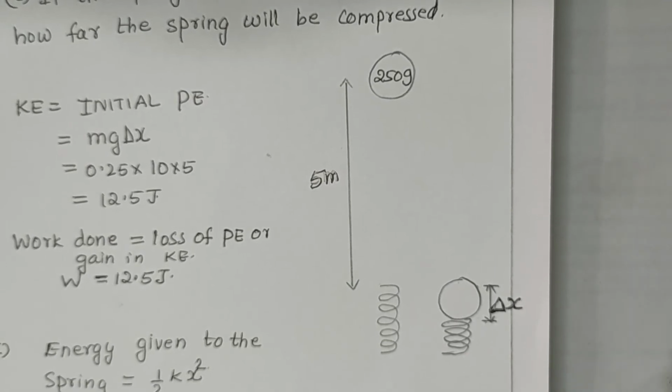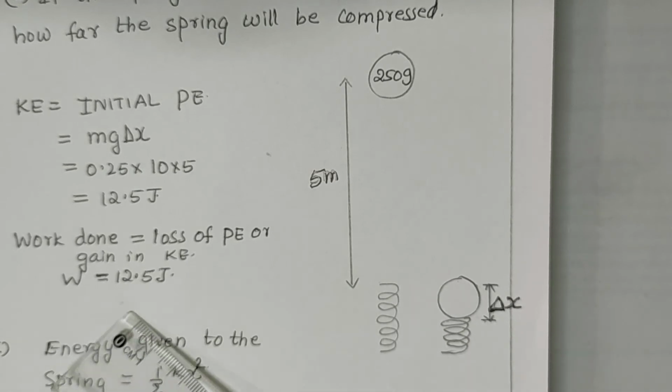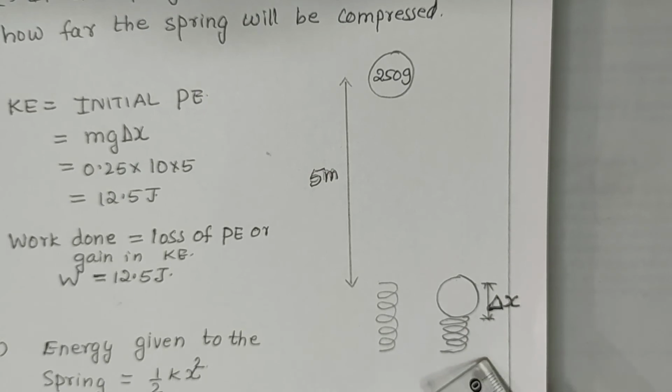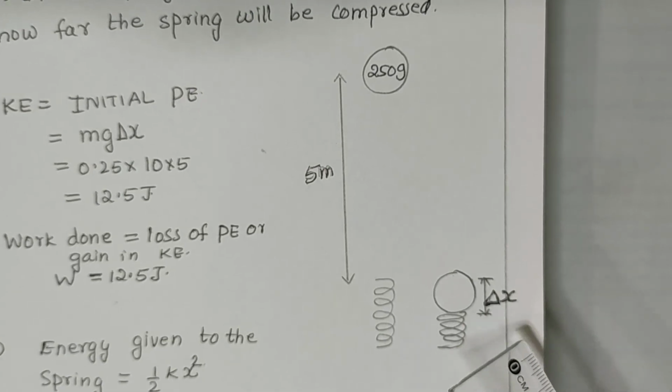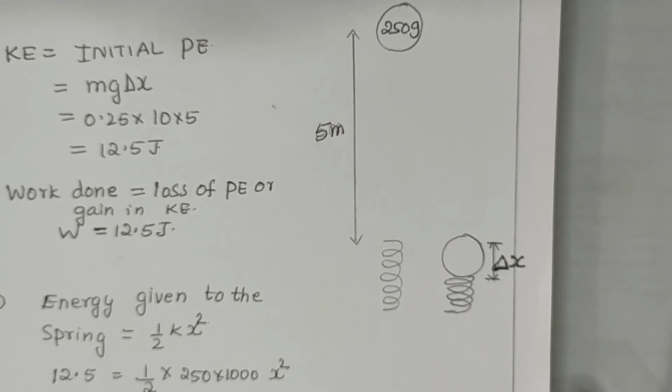The amount of energy it has gained as kinetic energy is 12.5 joule, which can be transferred to the spring as it is compressed.